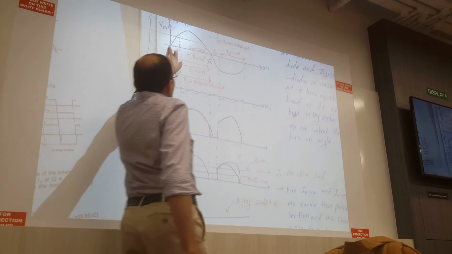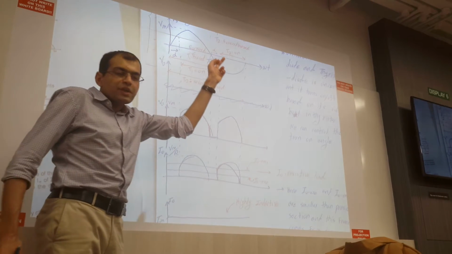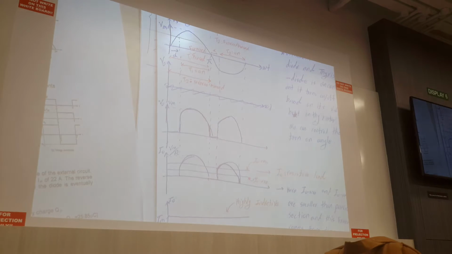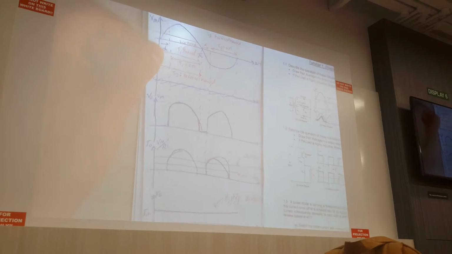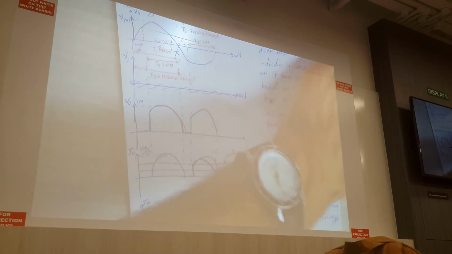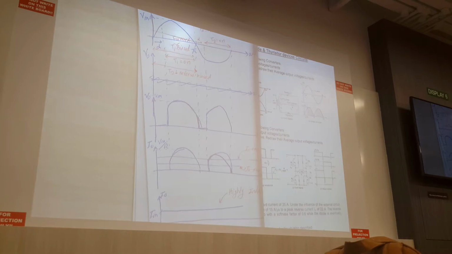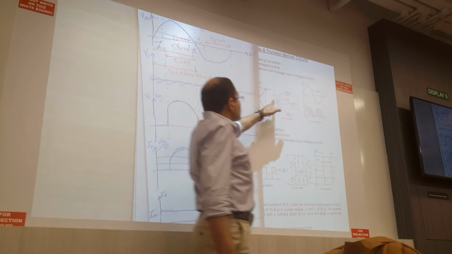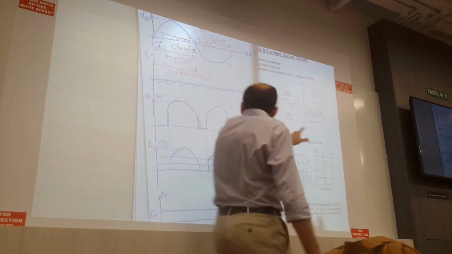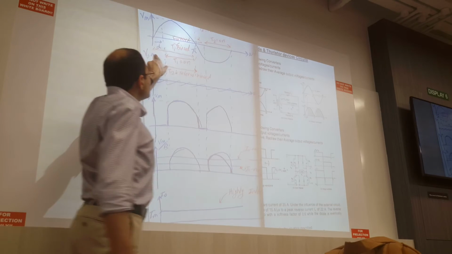So, if I have the same Vs, the output voltage of the transformer, and I have the thyristor, I can see in the circuit that if Vs is positive, the same way which I just told for the first one, T1 is forward biased from 0 to pi.